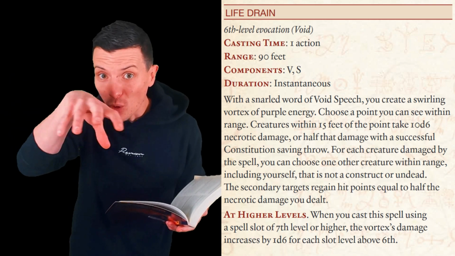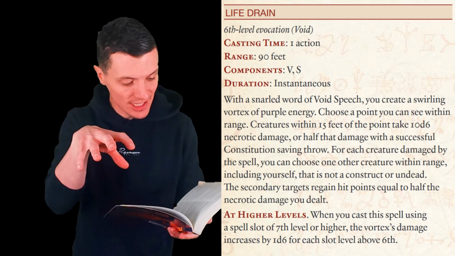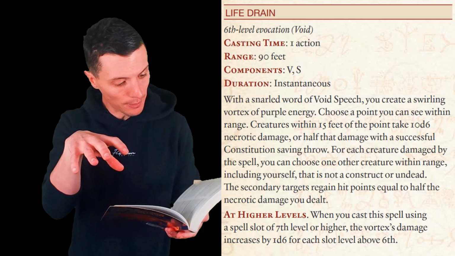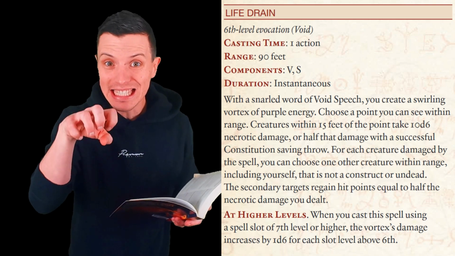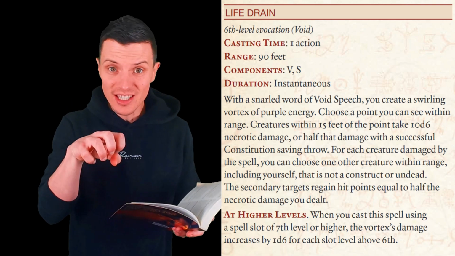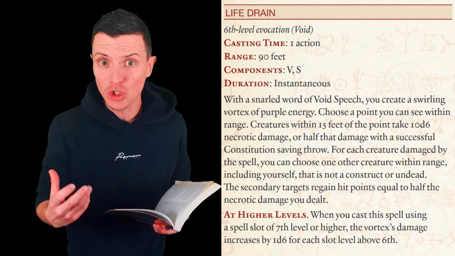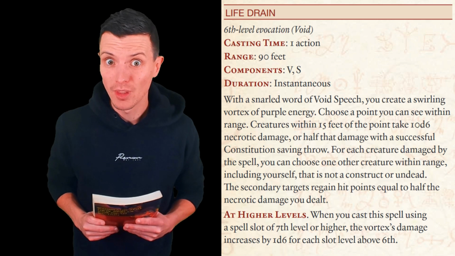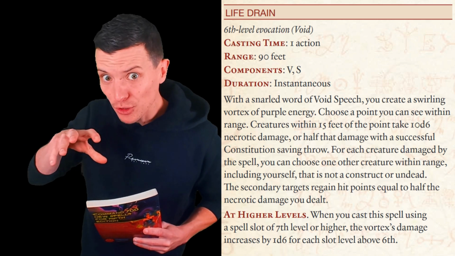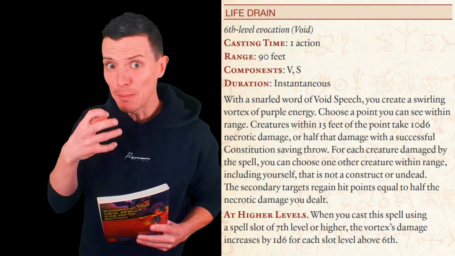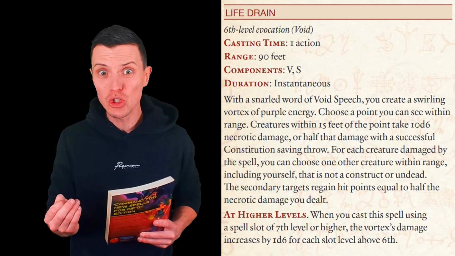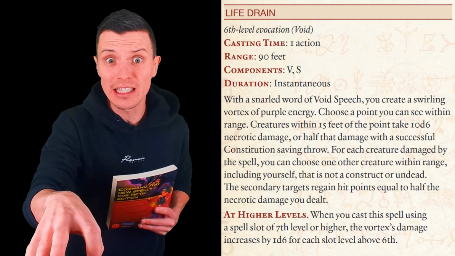And within this vortex of energy, everybody who's inside of it, it's a 15-foot radius, takes 10d6 necrotic damage. But for every creature damaged in this way, you can choose another creature, one of your allies or whatever, to gain hit points equal to half of the damage you dealt to the creatures inside.